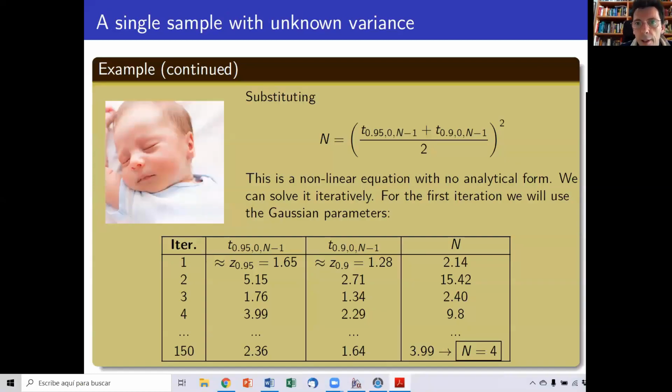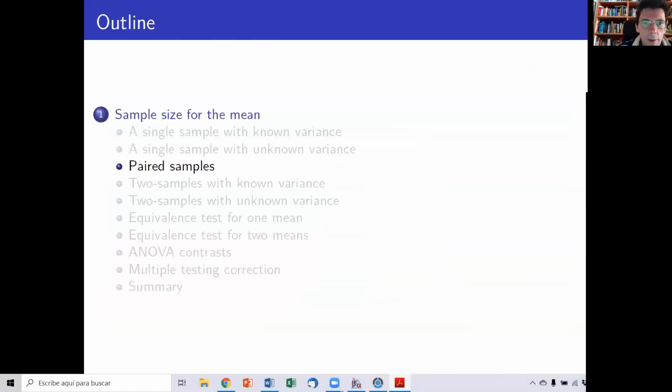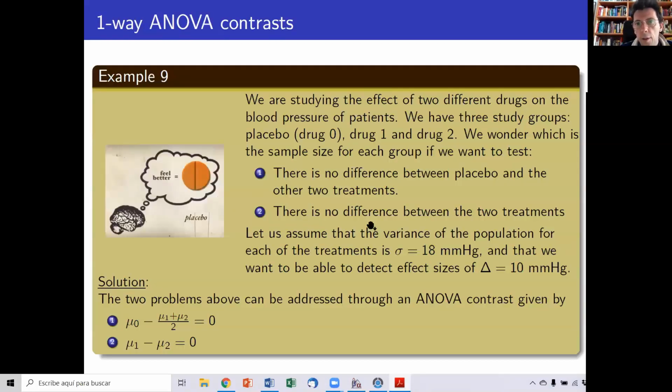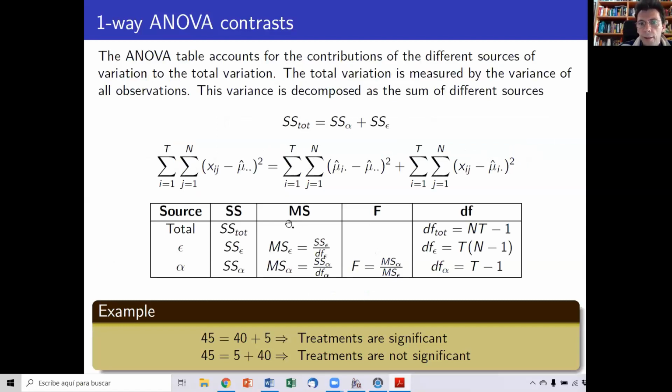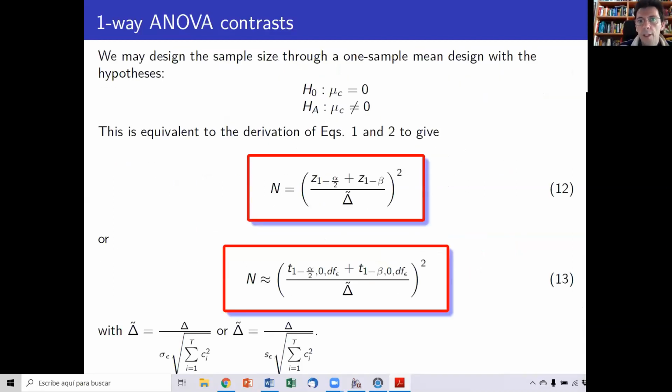Or for instance, in ANOVA, what you are basing your decision on is something called the F, and these ANOVA tables that you may be familiar with. So the distribution of the F is completely different from a Gaussian. So the sample size calculations for the Gaussian do not apply for ANOVA experiments, for instance.